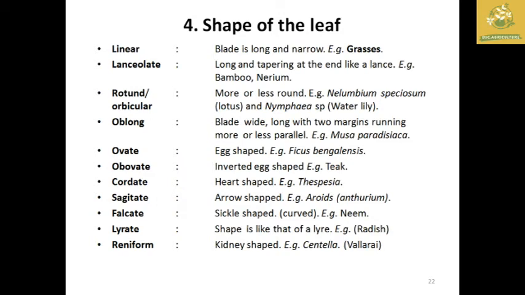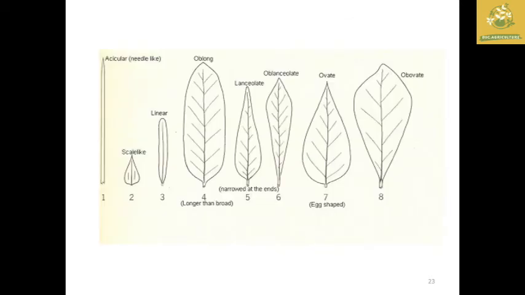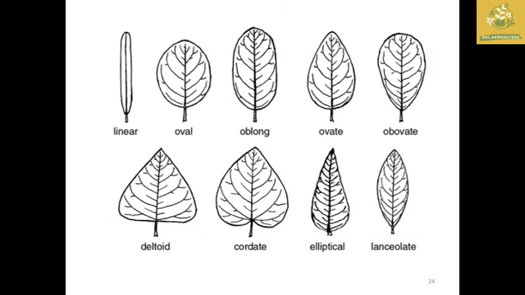And obovate, the inverted egg shape, and cordate, heart shaped, sagittate, arrow shaped, falcate, sickle shaped, lyrate, like a lyre, and reniform, known as kidney shaped. So these are the names given to the leaf structure based on the image-like structures present on the leaf. These are the images I have explained, and some other pictures.